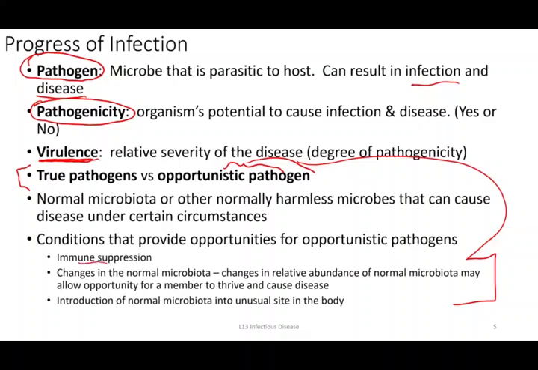So the immune system isn't working, or there's a disruption in the normal microbiota, and so that space that we were talking about, the competition for space, is disrupted, and so new microbes, potentially pathogenic ones, can get to that space and colonize and then cause a disease. Or those microbiome members are transplanted to a location that they are not normally found. Any of those or any combination of those can lead to an opportunistic pathogen becoming the cause of a disease.